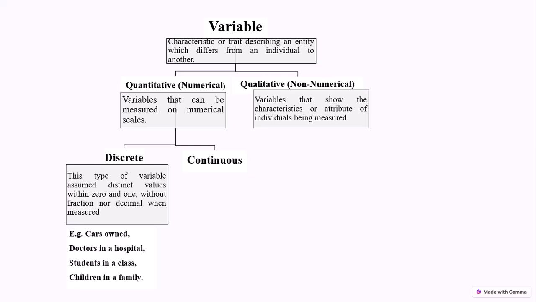A typical example is cars owned by individuals. Mr. A can have 2 cars, 3 cars, 1 car, or no car, but Mr. A or B cannot have 2.4 cars or 1.2 cars.